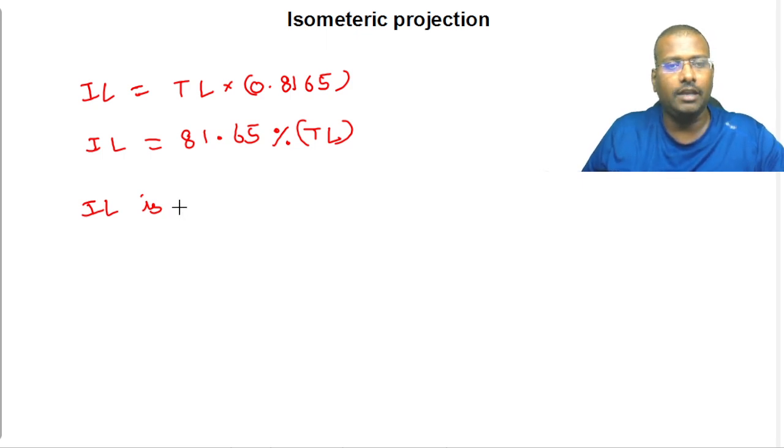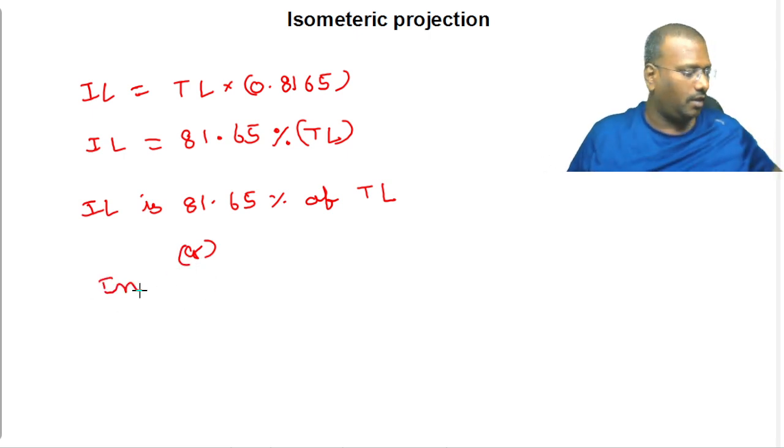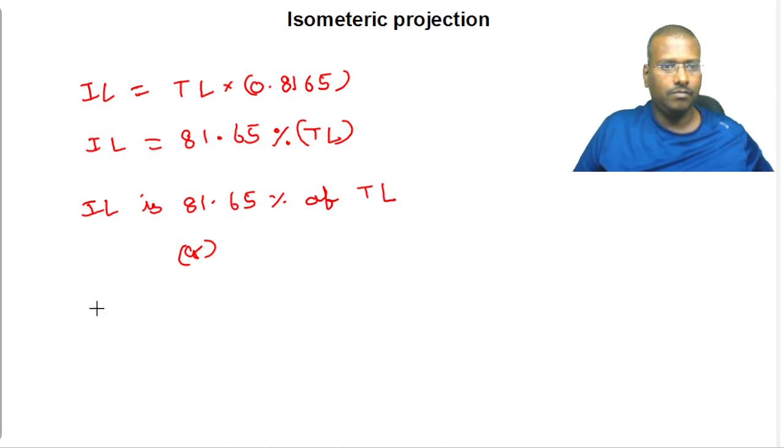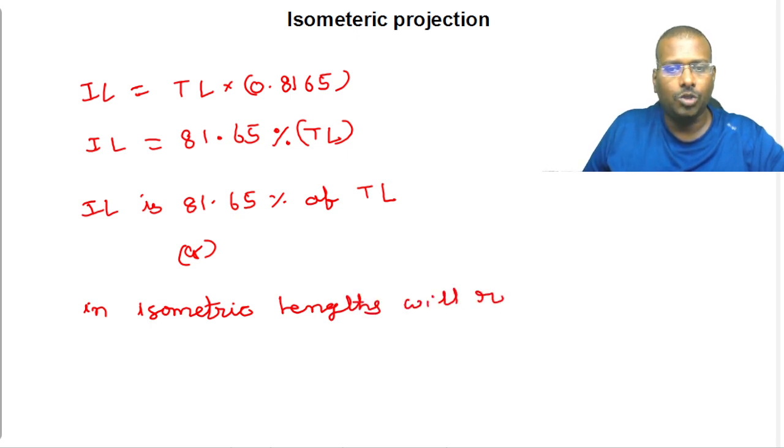It is 81.65 percent of true length, or in isometric, lengths will be reduced by how much percentage?